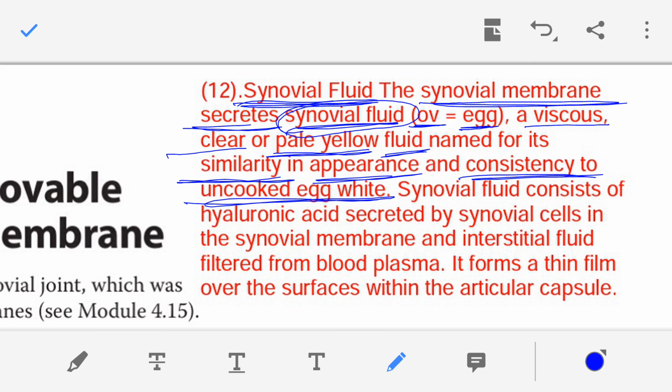We know when we break an egg, the watery, slippery liquid which comes out is albumin. So the synovial fluid, its appearance, its consistency, its slipperiness, its viscousness is similar to uncooked egg white.